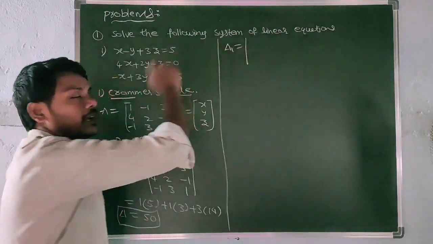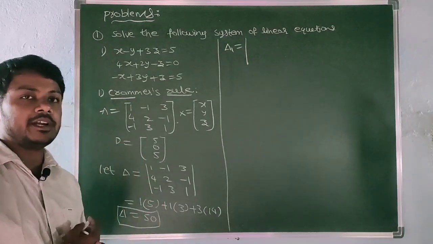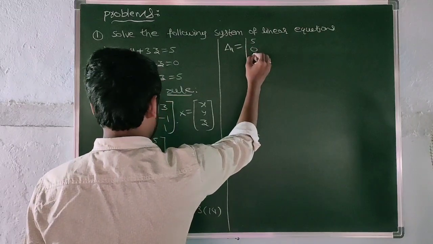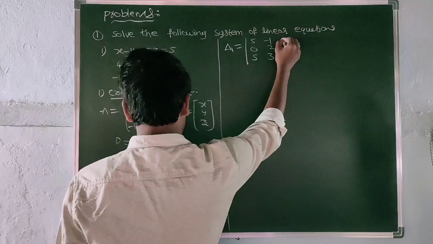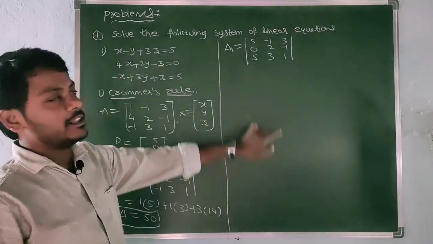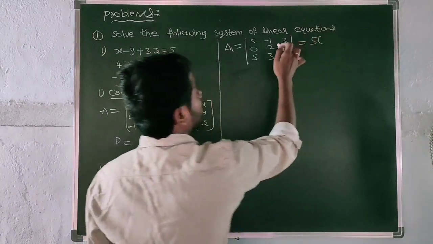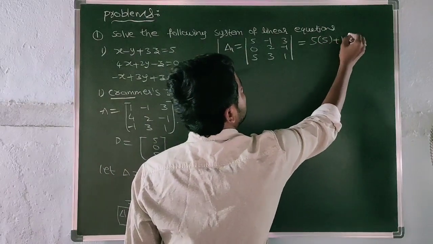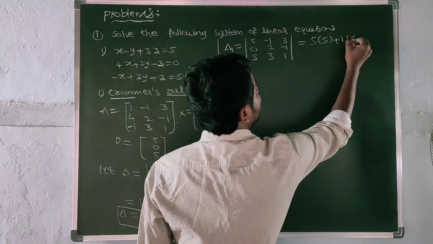Next to delta 1. So how to write delta 1? Replace first column with a constant matrix, that is determinant of 5 0 5, minus 1 2 3, 3 minus 1 1. Now again find this determinant, that is 5 into, so 2 plus 3 5, plus 1 into 0 plus 5, that is 5.